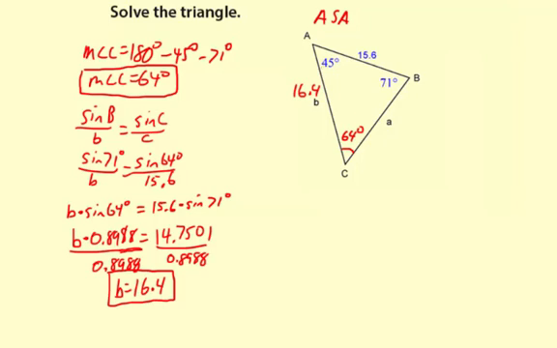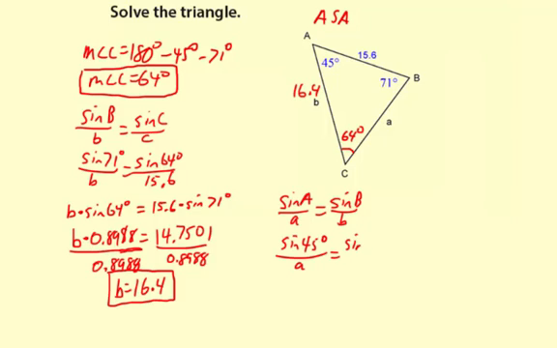Okay, now we need to solve for side length A. So I'm going to say sine of A to A equals sine of B to B. Substitute the known information. Sine of 45 degrees, because that is the angle measure of A, and side length A we don't know, so I'll put A for that.